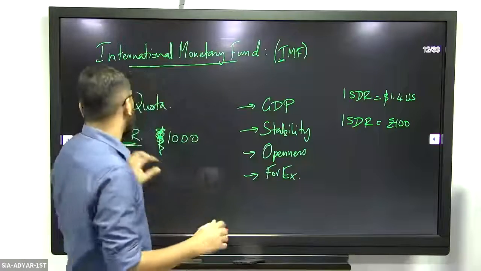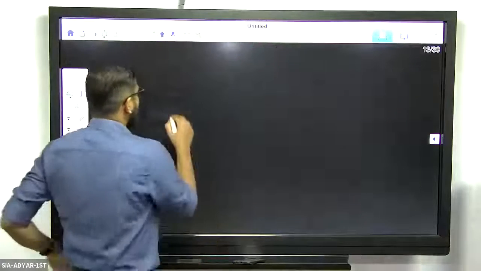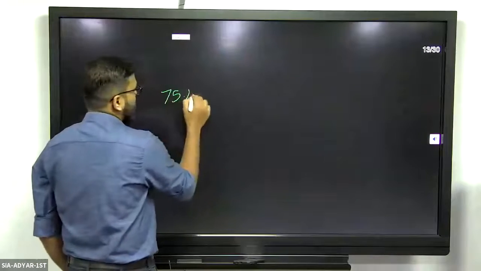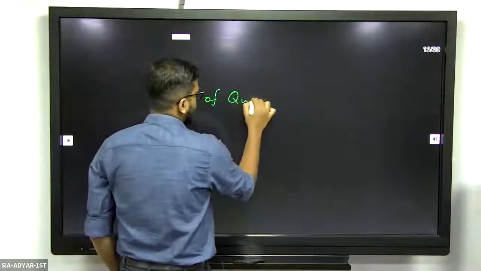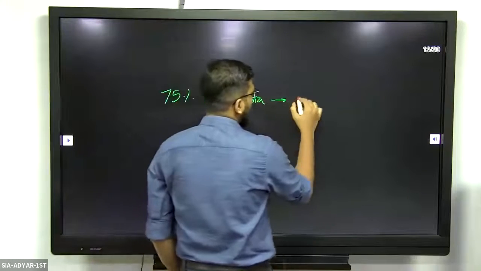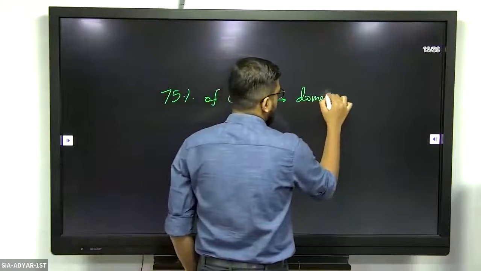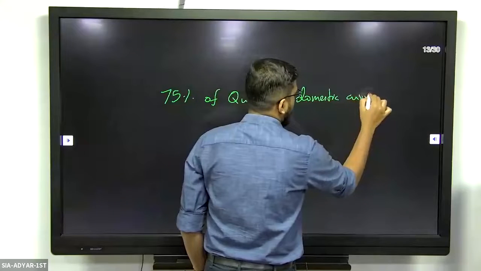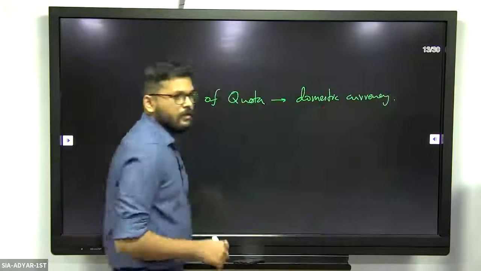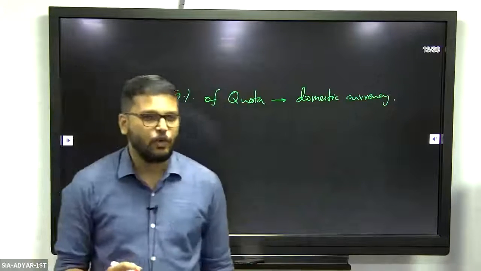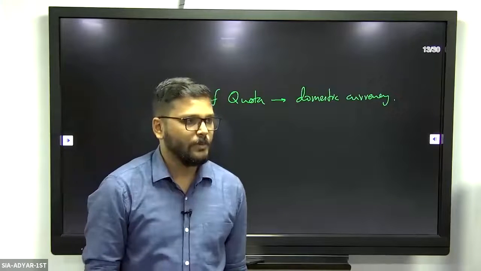So to avoid that from happening, the IMF says 75% of the quota can be paid by the country in domestic currency.